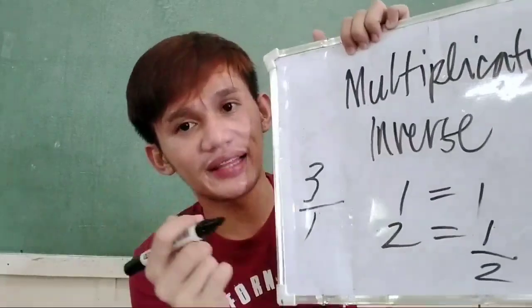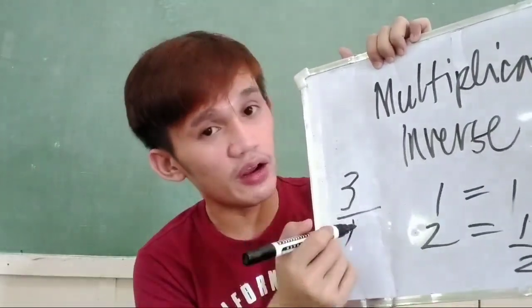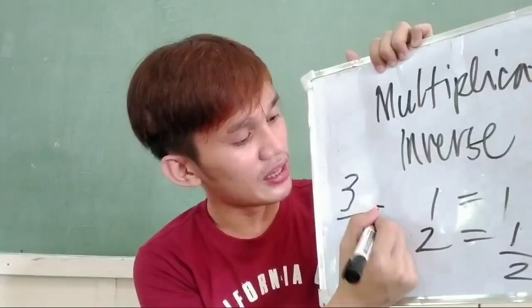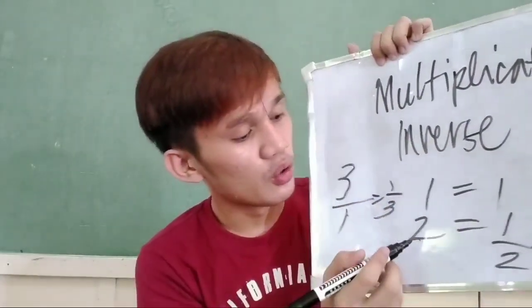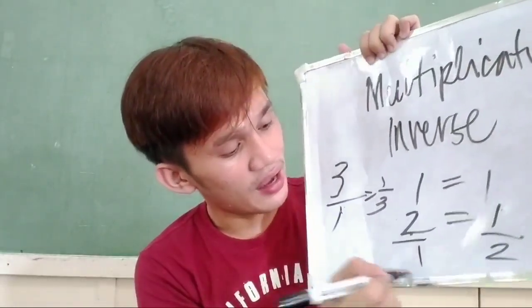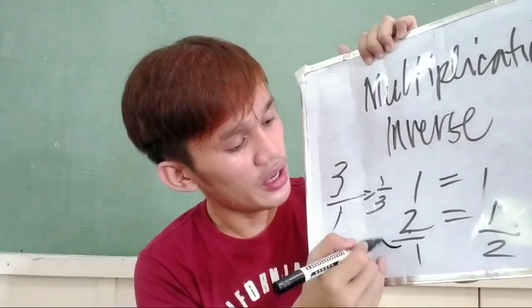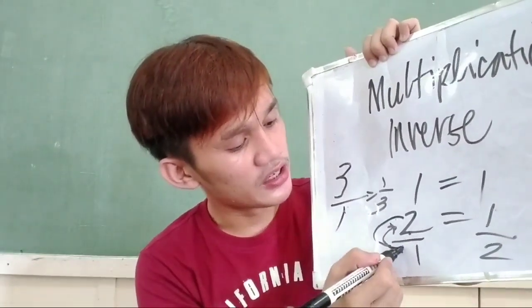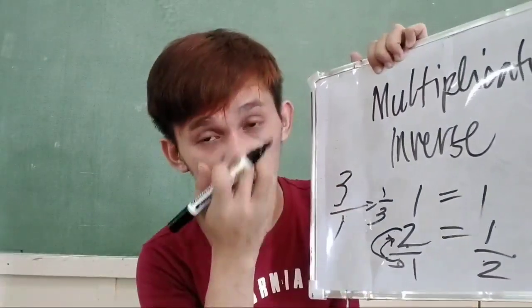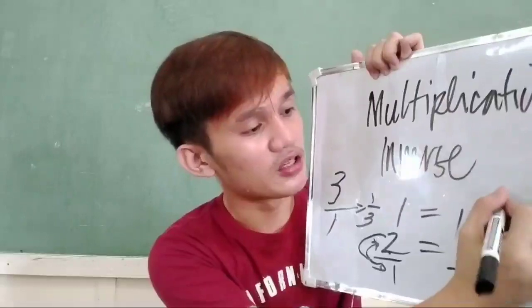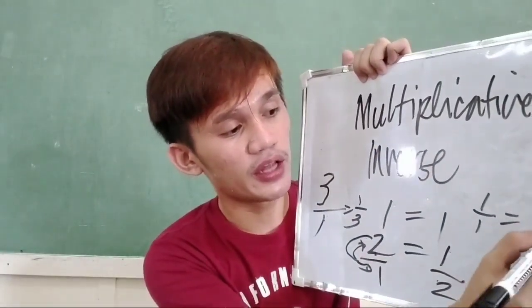So if you get the multiplicative inverse of 3 over 1, or 3, that is 1 over 3. The same as in 2. 2 also has a denominator of 1. So you simply change the position of the numerator and the denominator. That will be 1 over 2. And also 1, so 1 over 1. The multiplicative inverse is 1 over 1, or 1.